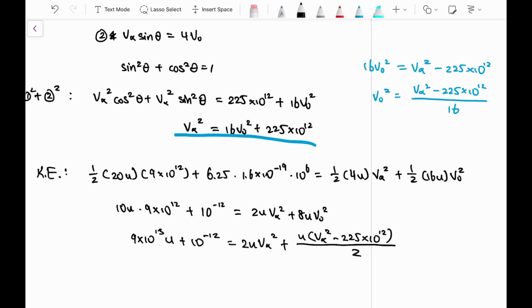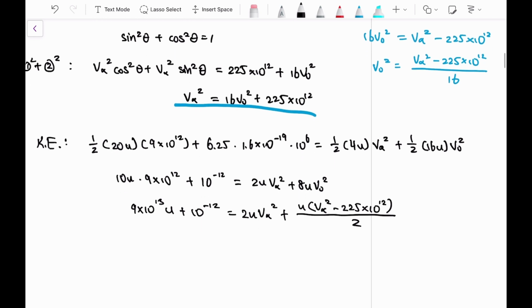And now we can simply resolve for V alpha.